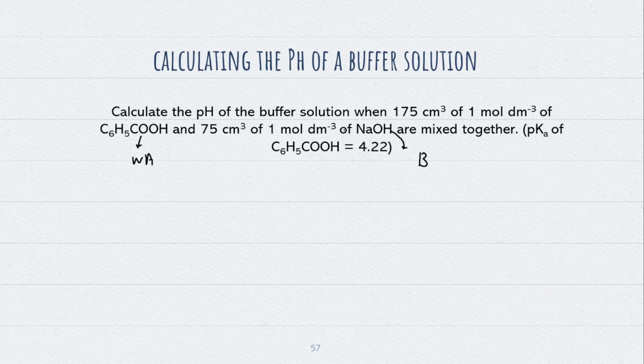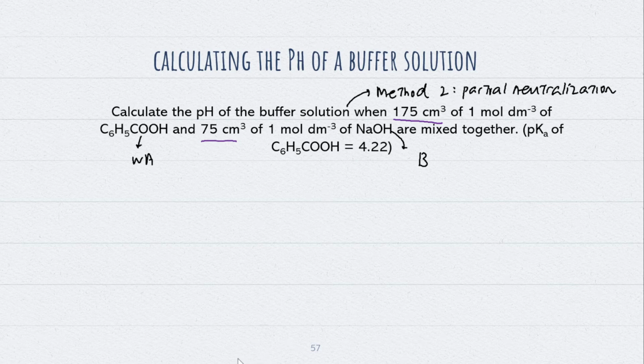For the untrained eye, you can't really tell what's going on here, but actually this is method 2 of preparing a buffer solution, which is partial neutralization. So what do I mean by partial neutralization here? Since they are all in 1 mole for simplicity's sake, we know that your weak acid here is in quite a large excess compared to your NaOH.